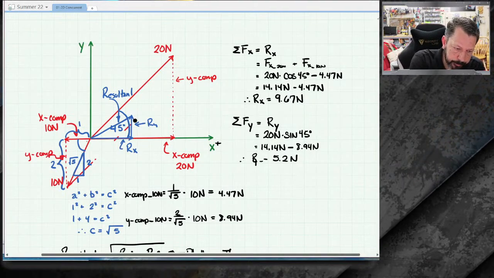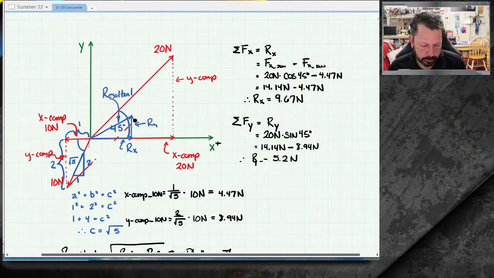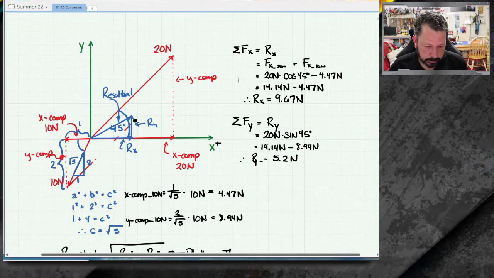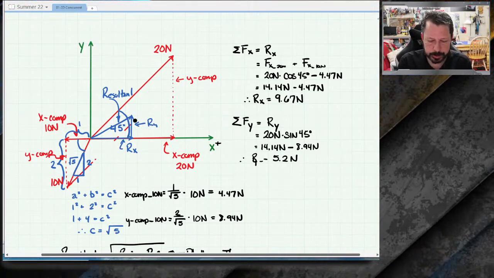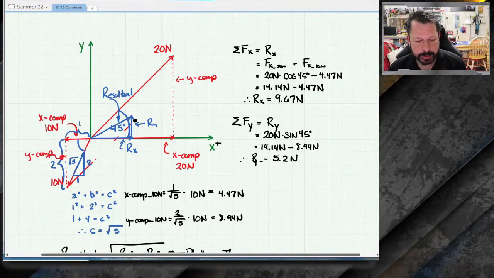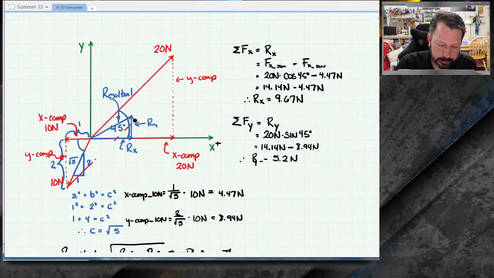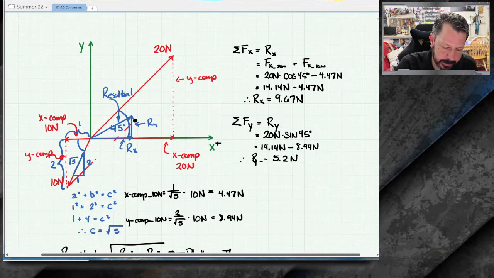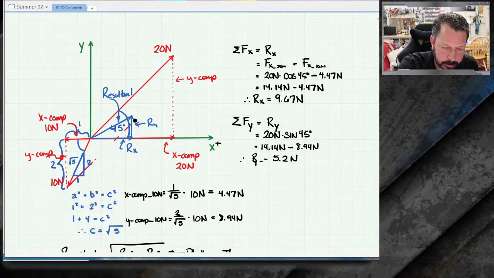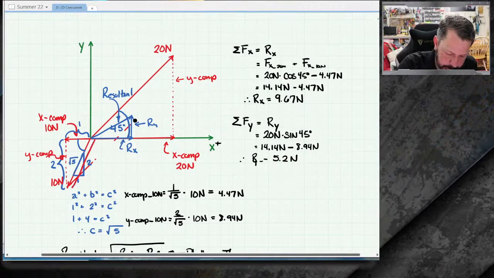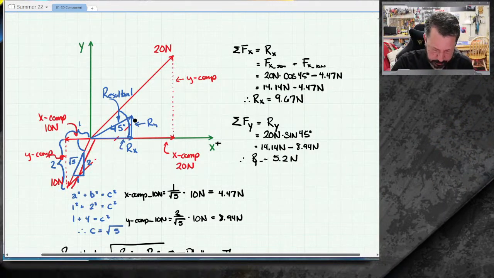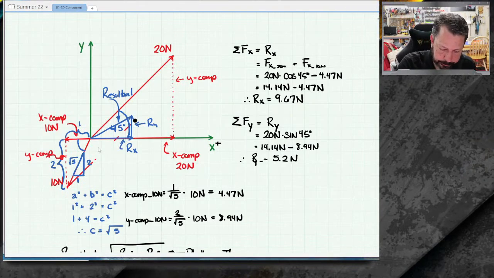I'm not sure if I can. Well, I'll never be able to select just that area. There's too much clutter there now. But I had drawn the 10 Newton vector up here. I might be able to get close to it doing something like this. Oh, except I didn't draw a vector.